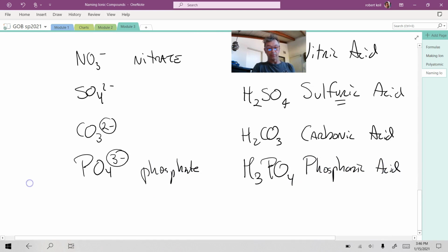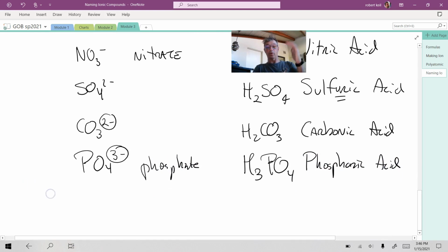Okay, now, what would the names be if I took away 1 oxygen from all of them? Well, just like with nitrates, if I take away 1 oxygen, they all become ite: nitrite, sulfite, carbonate. Well, there's no carbonite. Phosphite.